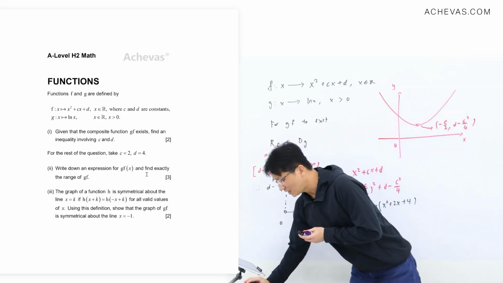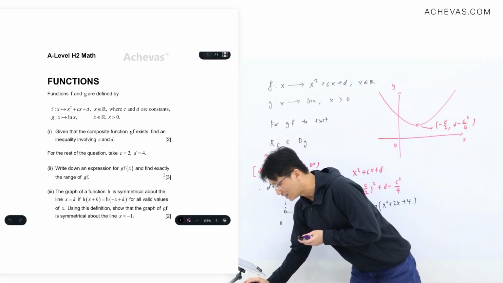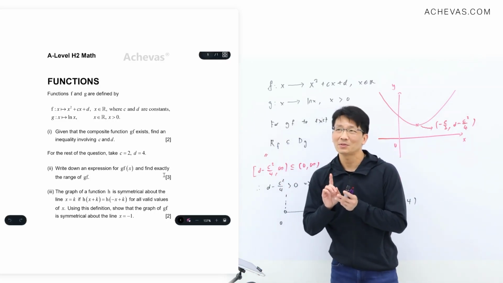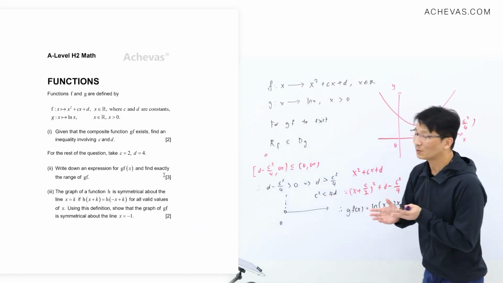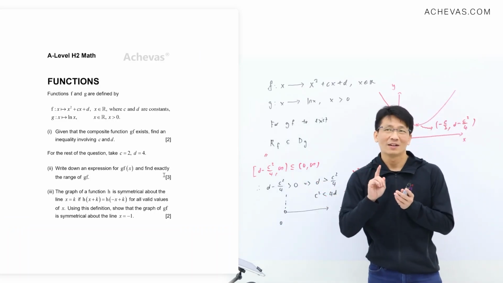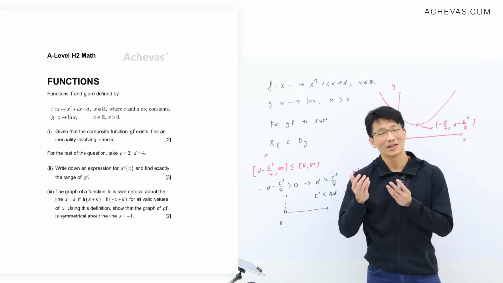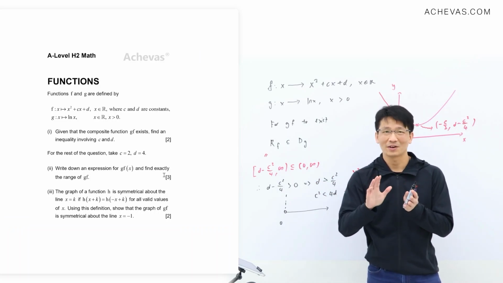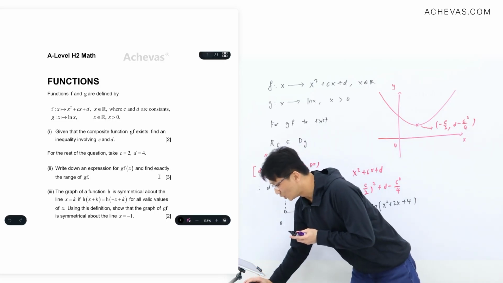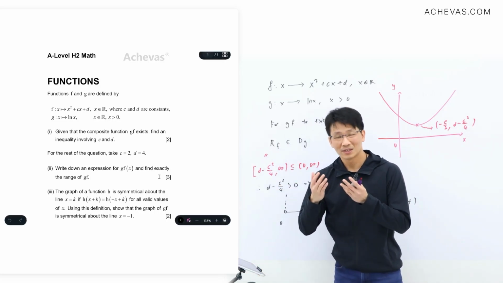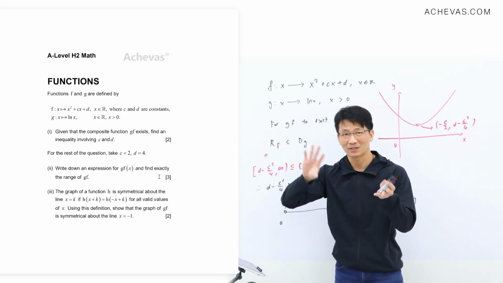But the question says find exactly, and this word exactly means I may suspect that if I sketch this graph and use my GC to look at the range, the value will probably end up as a decimal answer. Chances are very high. So in this kind of situation, I prefer to use the second method, the so-called pasting method.